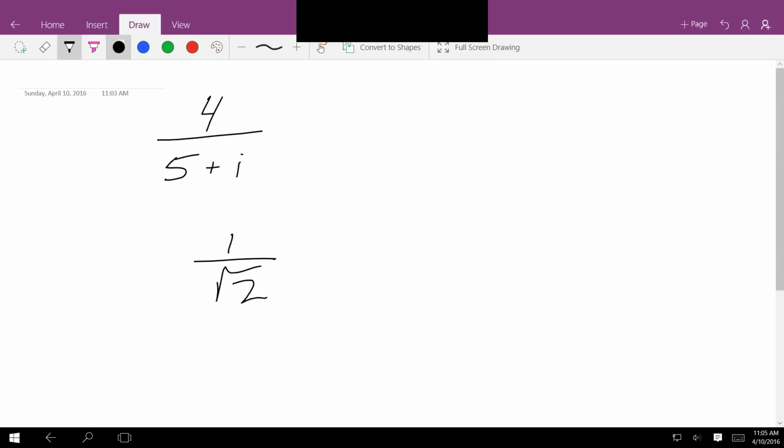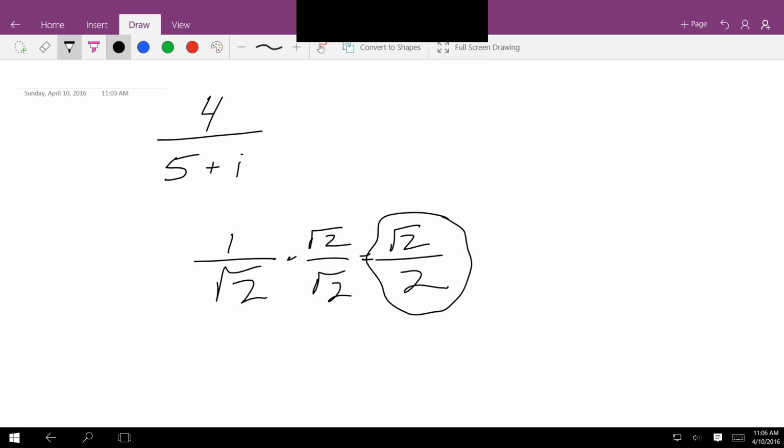What you do is you rationalize the denominator by multiplying this thing by square root of 2 over square root of 2. I can multiply anything by the number 1, and it gives you that. And that's the answer. You didn't actually do division. If anything, you did 2 multiplications.